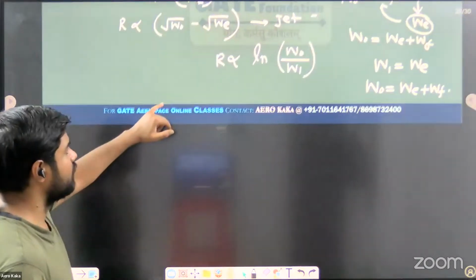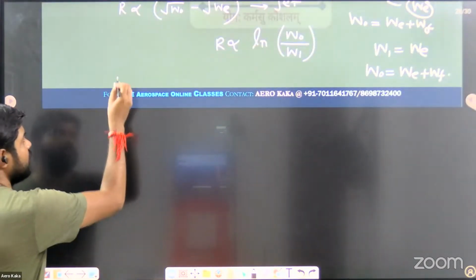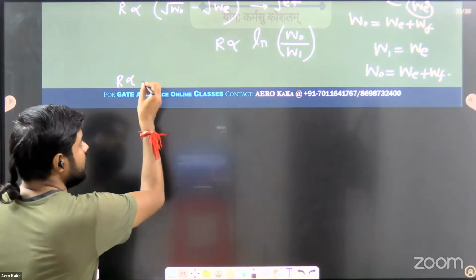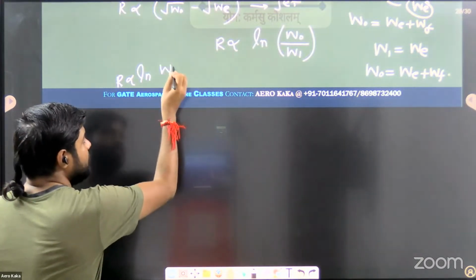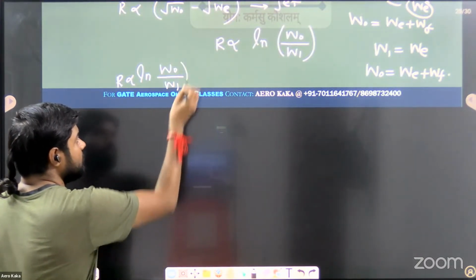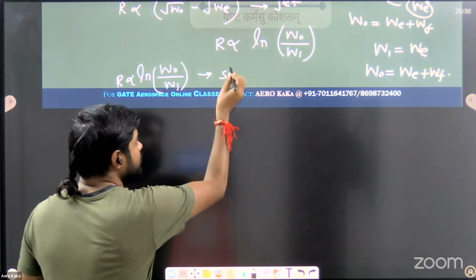Again, same thing. R is proportional to ln of W0 upon W1. That's your standard configuration.